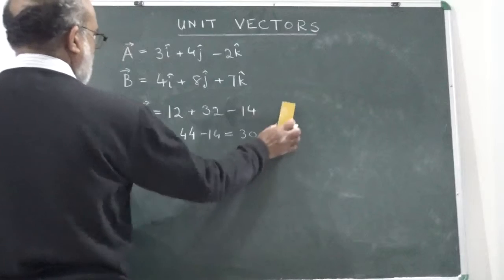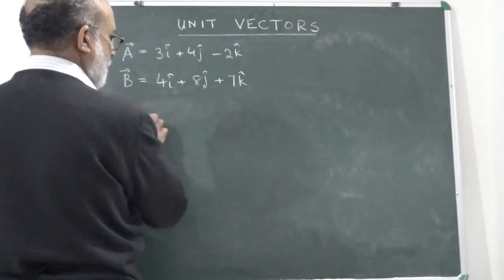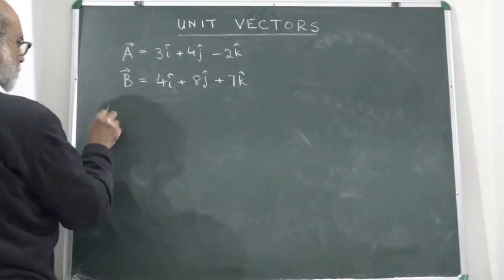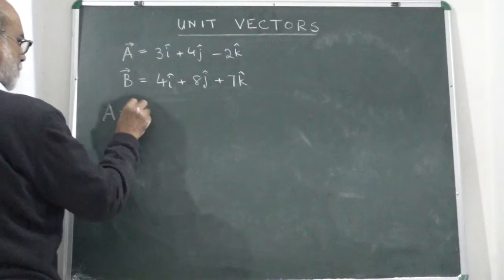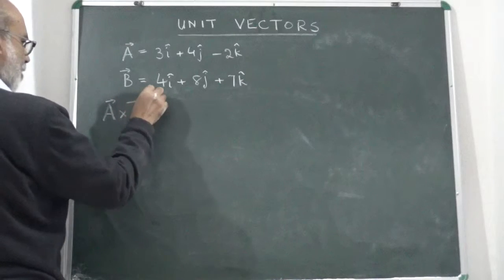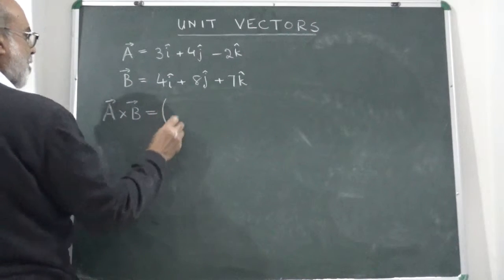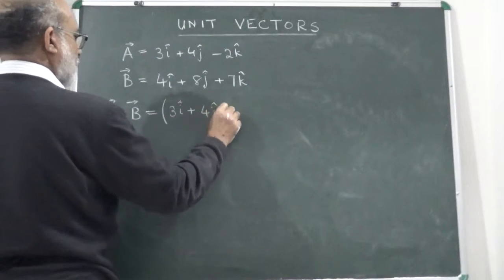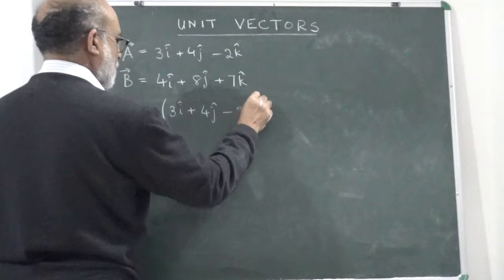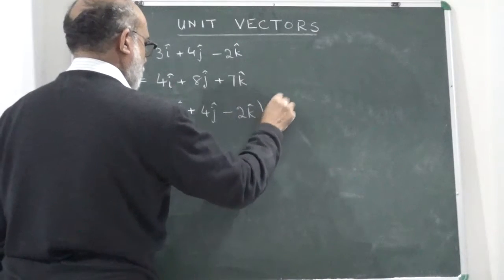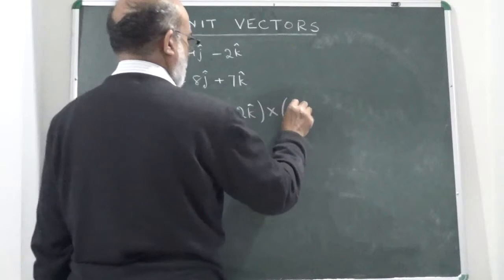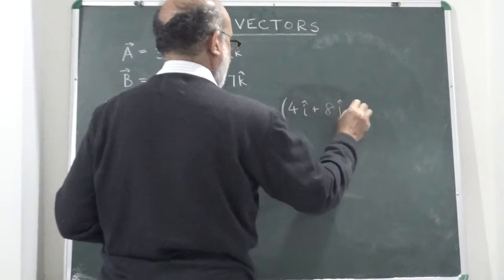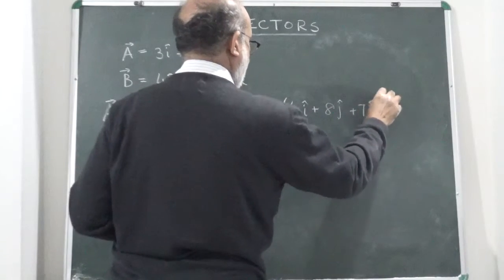Now we want to take the cross product of these. Cross product means A cross B: (3i plus 4j minus 2k) cross (4i plus 8j plus 7k).